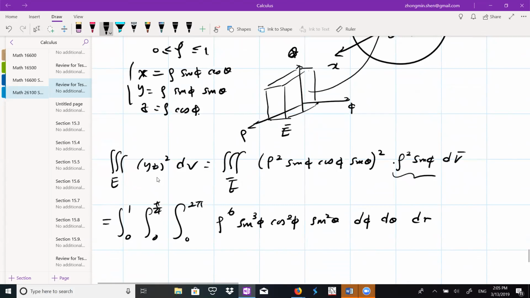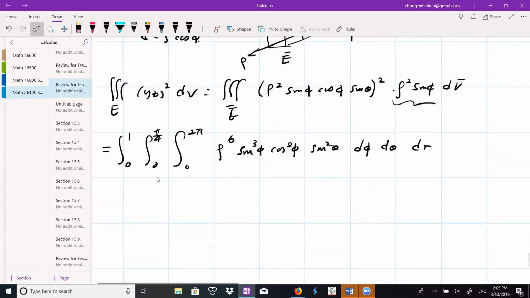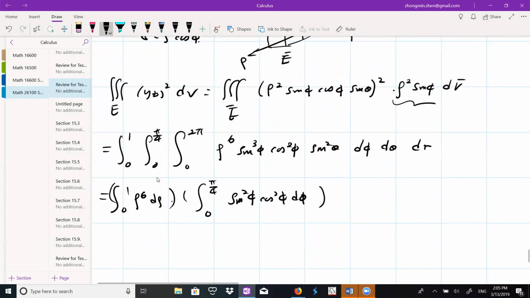So you got those integrals, and now how to evaluate? That can be separated. That's the first one, the second one, and the last one.